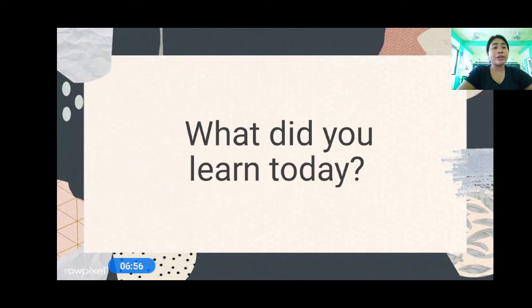Now, what did you learn today? Today we have learned about the standard units used in measuring distance. The standard units used in measuring distance are meter, kilometer, and centimeter. The SI unit for distance is meter or m. The SI unit for very large distances is kilometer or km.